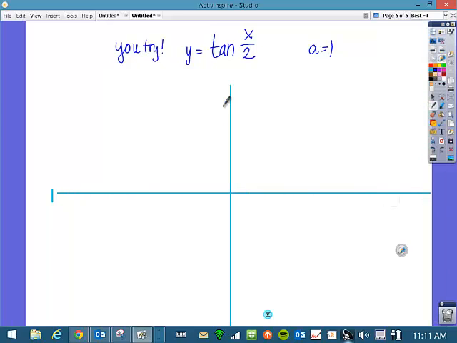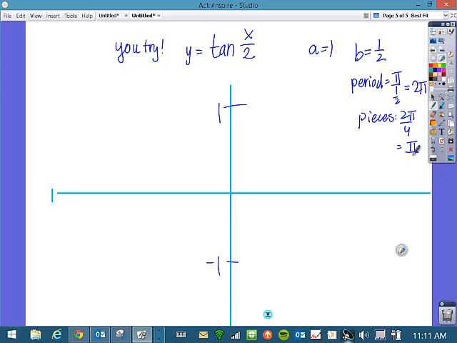Okay, so your max is 1, your min is -1. B is 1/2. So your period is pi over 1/2, aka 2 pi. So when you split that into 4 pieces, it's going to be 2 pi over 4, which is pi over 2. So each piece will be pi over 2.